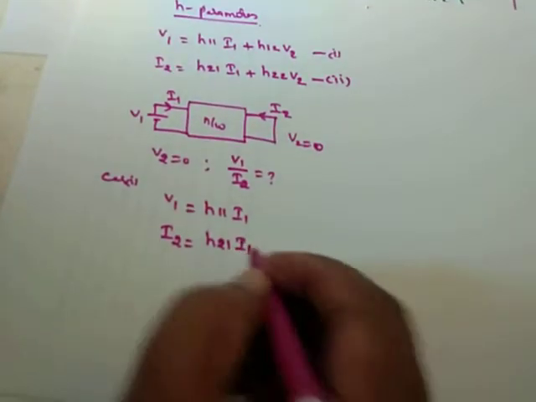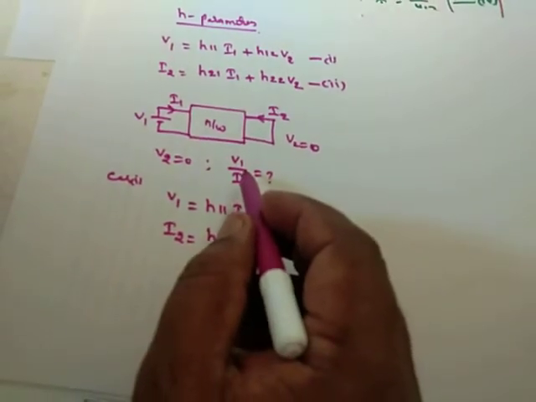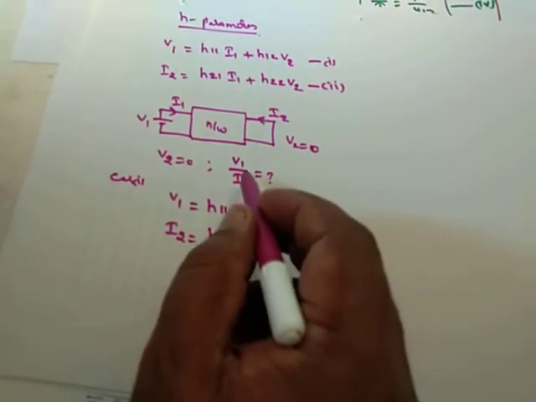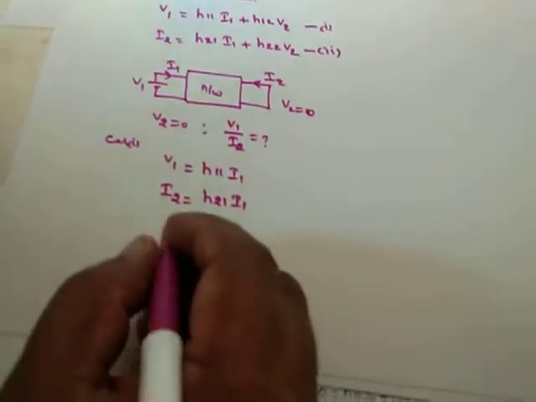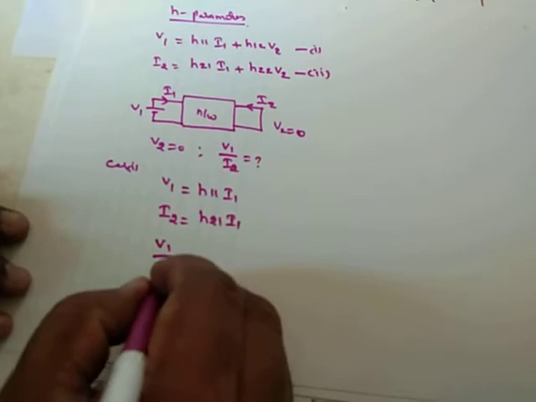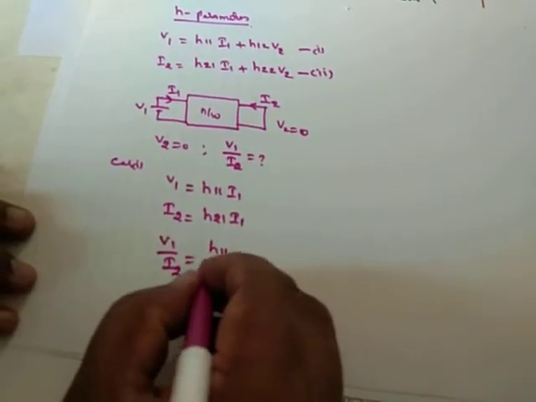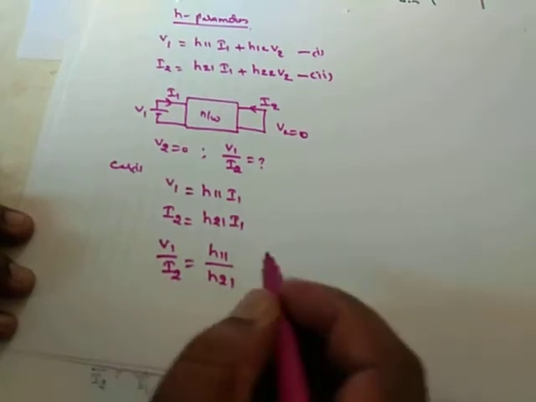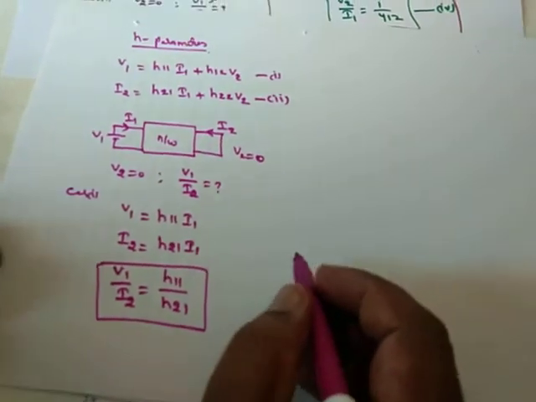Now we require V1 by I2. V1 by I2 is equal to this ratio, that ratio is H11 by H21. This is case 1.